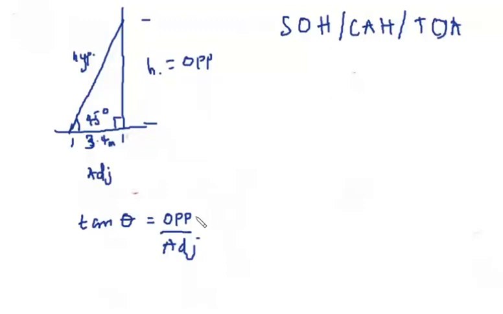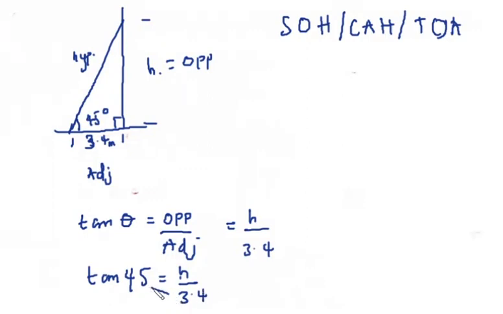Our opposite value here is h, and our adjacent value is 3.4. Don't forget our angle is 45 degrees, so tan 45 equals h over 3.4.